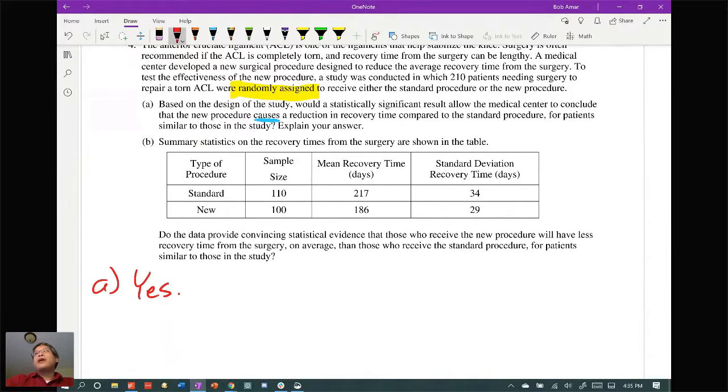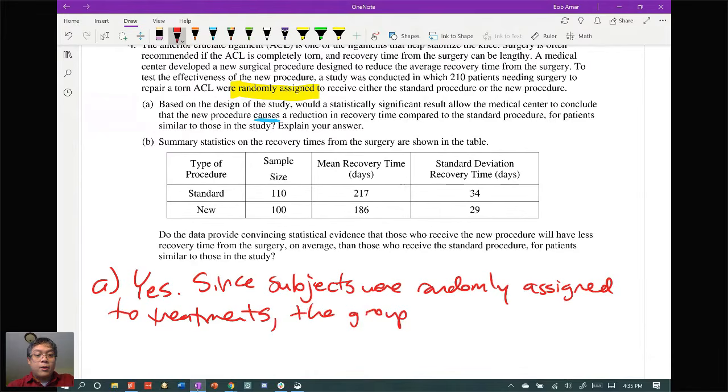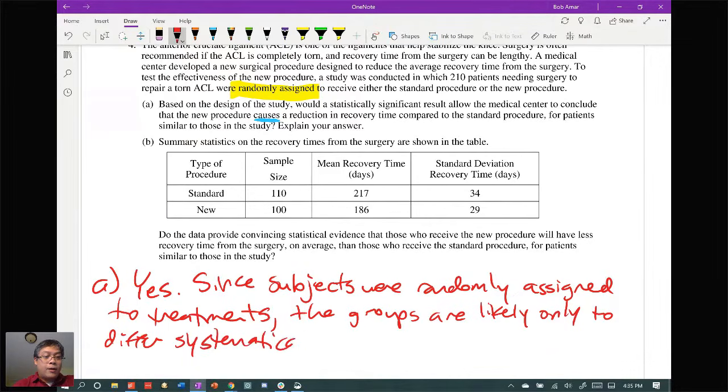The reason that the answer is yes for part A: since subjects were randomly assigned to treatments, the groups are likely to differ systematically only by which treatment they received.